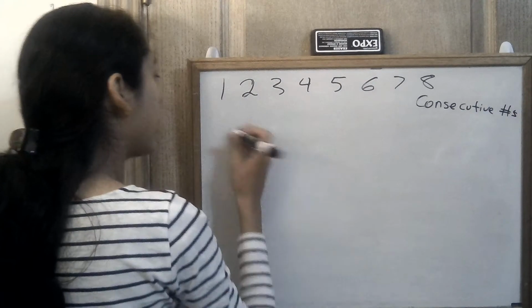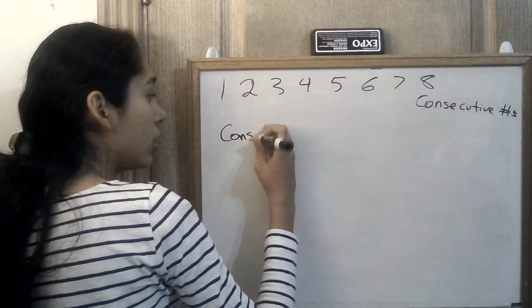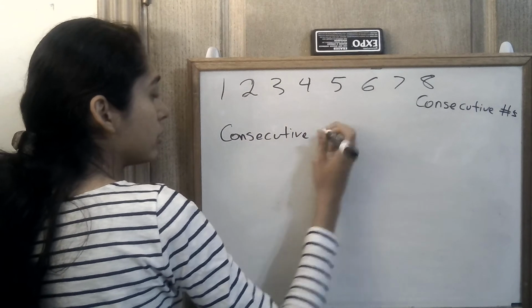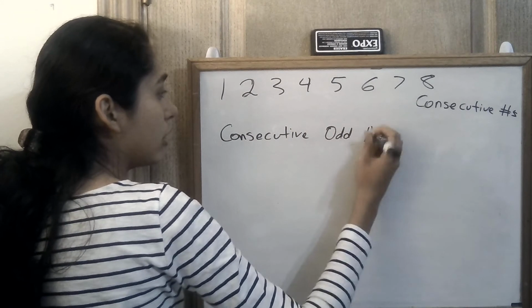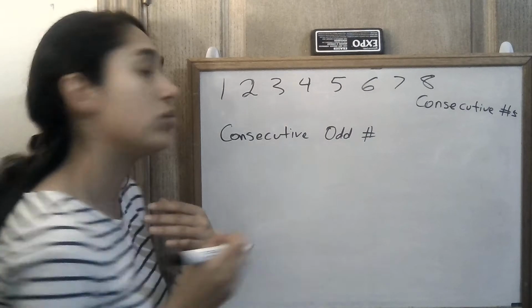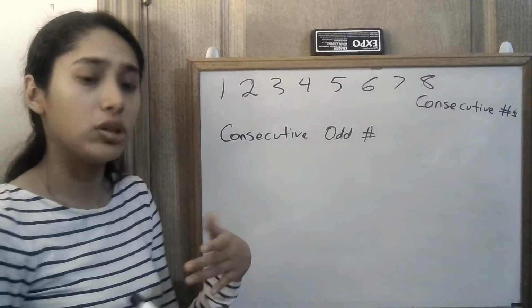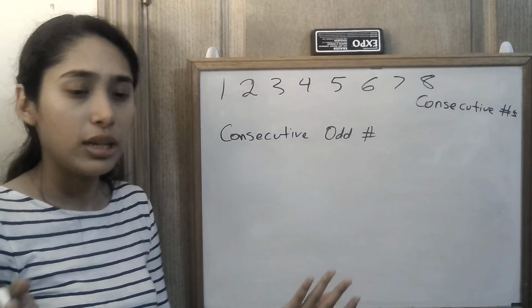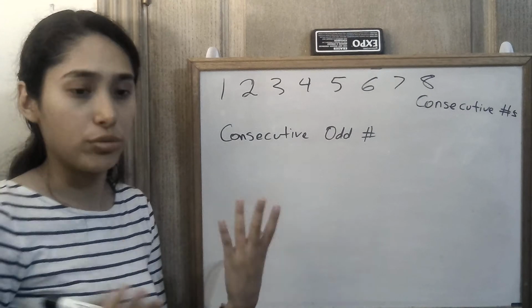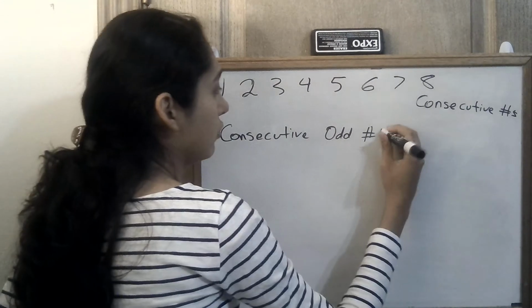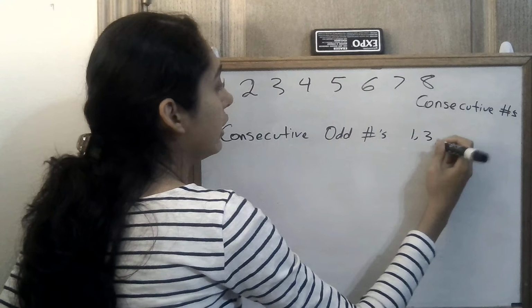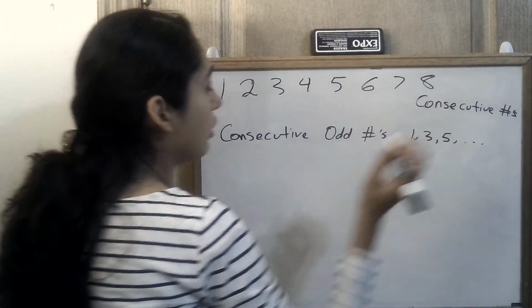Now, if I'm talking about consecutive odd numbers, remember, odd are the ones that don't divide nicely into 2. So if I have an odd number of shoes, it means I'm missing a shoe. So 1, 3, 5, and so on.